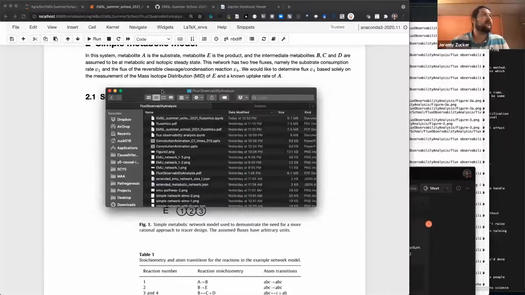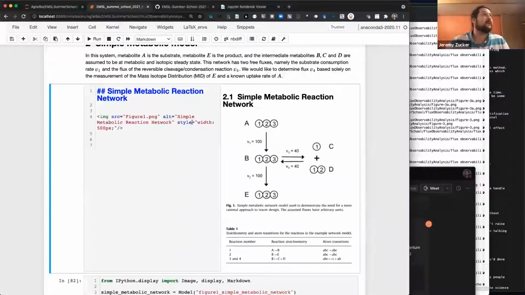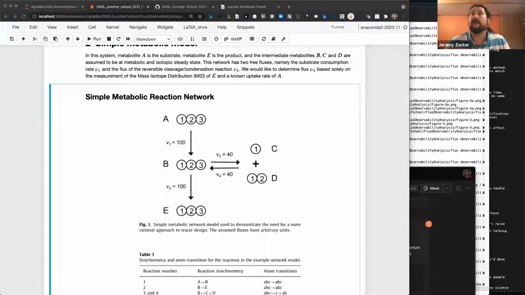So I think this is figure 1? Figure 1, yeah. Okay.